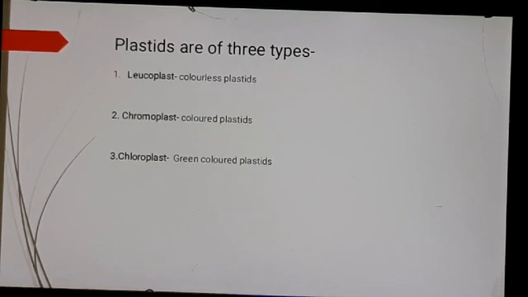The third type of plastid is chloroplast. Chloroplasts are the most abundant, most common and important green colored plastids. Chloroplasts contain a green color pigment known as chlorophyll, and this chlorophyll helps in trapping the sun's energy and converting that solar energy into chemical energy in the form of food.